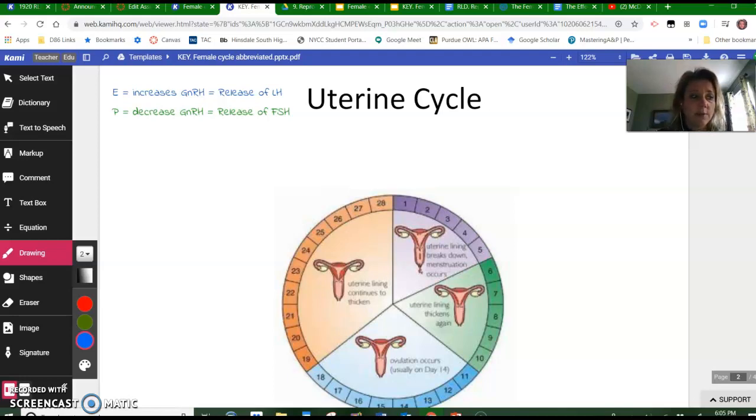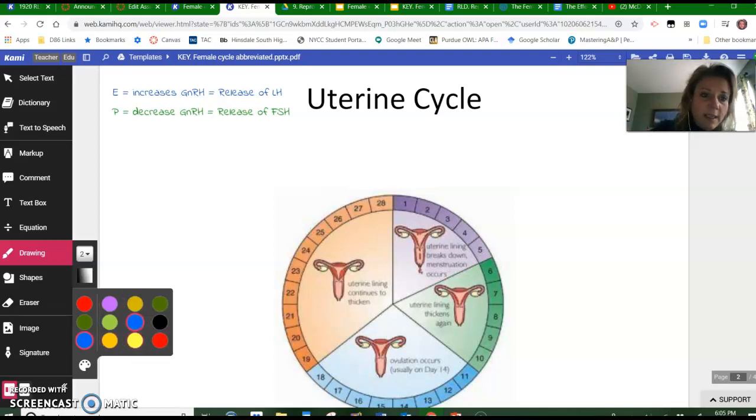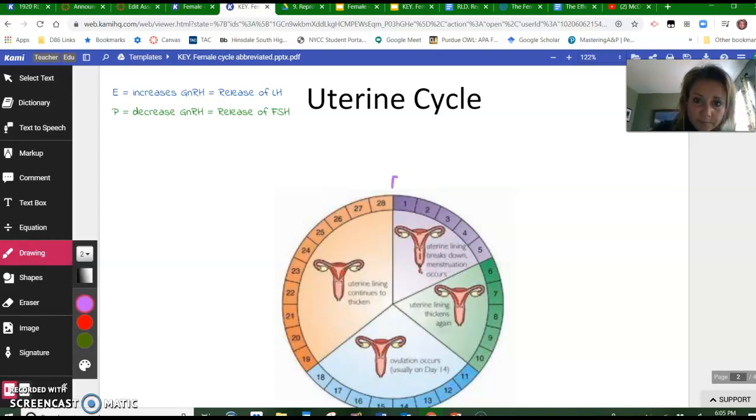All right, so why don't we start at the beginning? Remember that the beginning of the cycle always starts with day 1. It's the first day of bleeding during menstruation, and that is exactly what is happening in this area. I'll use purple. So days 1 through 5, we have menstruation.